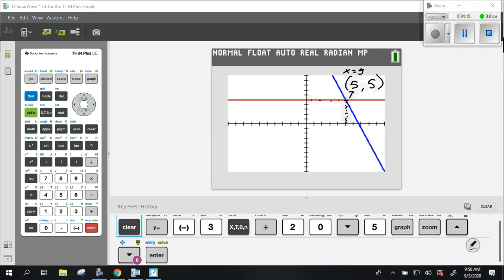At x equals 5, that's the only point where these 2 graphs are equal. We'll go back to our page and write our solution that x is equal to 5.